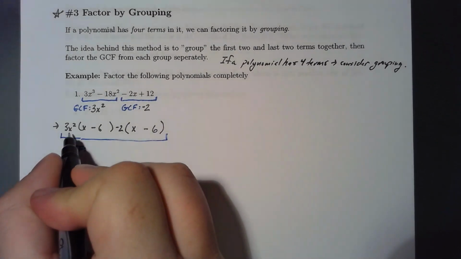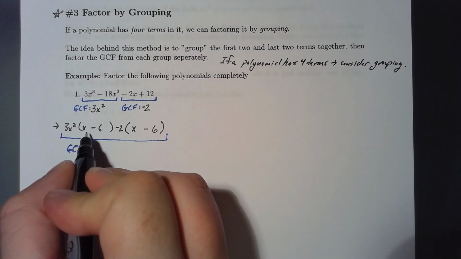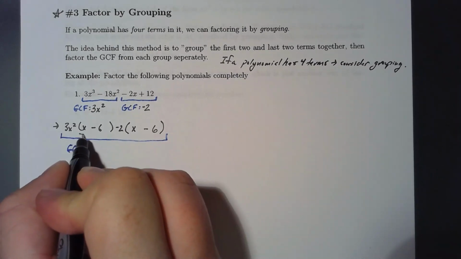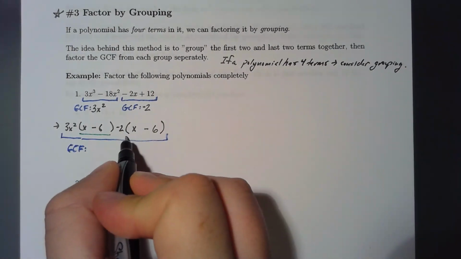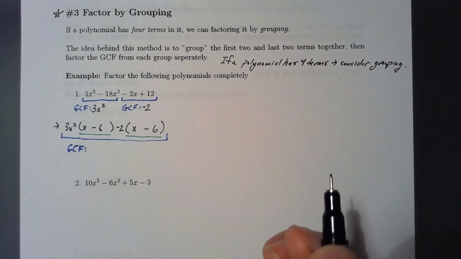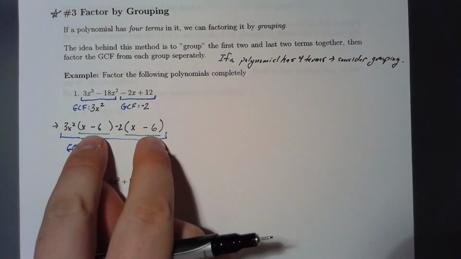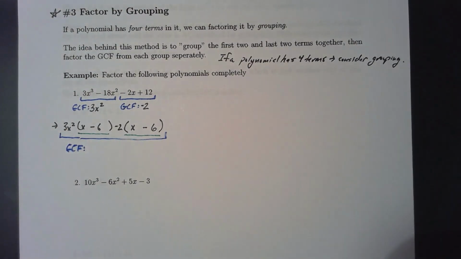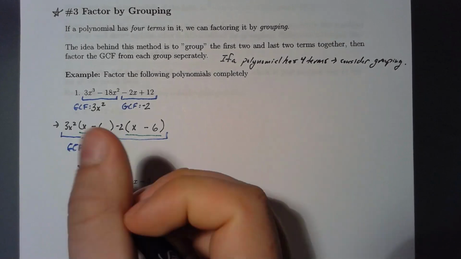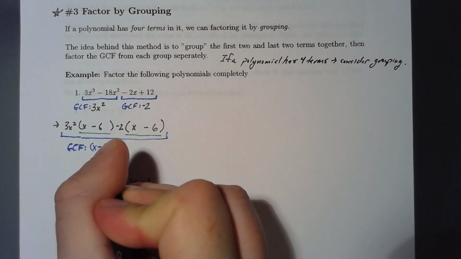If I look at this first group, 3x squared times x minus 6, I have an x minus 6 in common. And if I look at the second group, I also have an x minus 6 in common. So the GCF here isn't just a term, it's a binomial, and it's the binomial x minus 6.